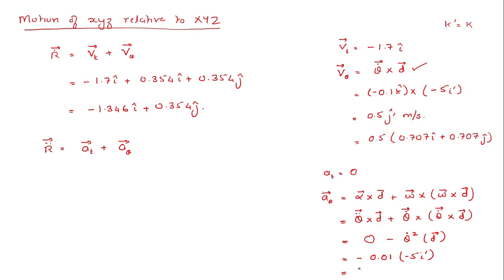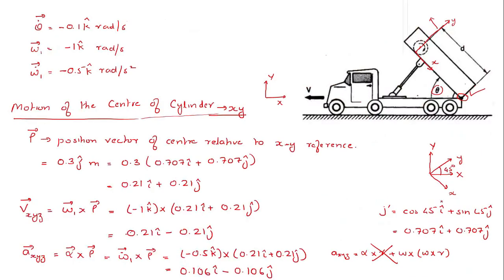If you express this in terms of the fixed coordinates capital X capital Y, you would get 0.05 into 0.707 I cap minus 0.707 J cap. Now if you see the figure earlier, this I dash is along this direction.